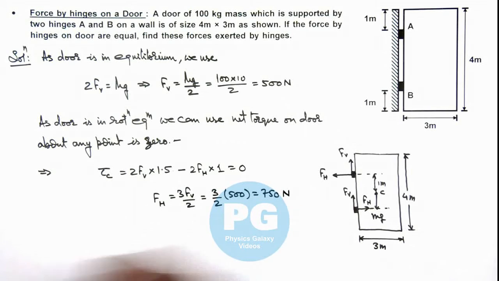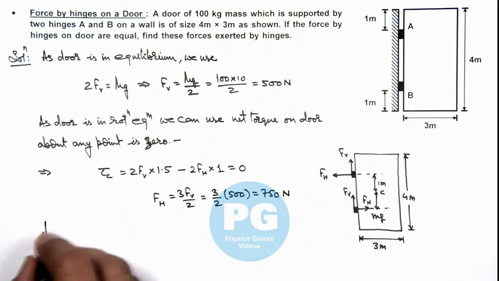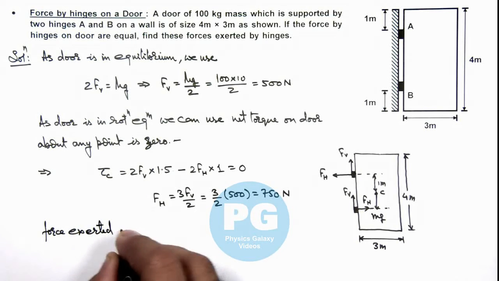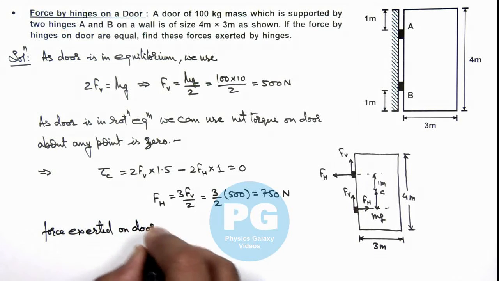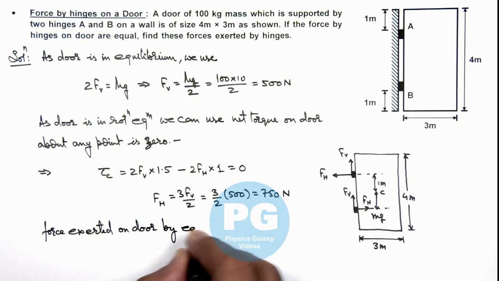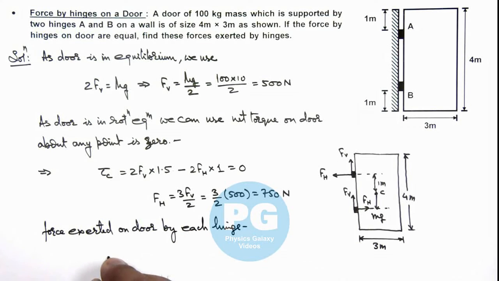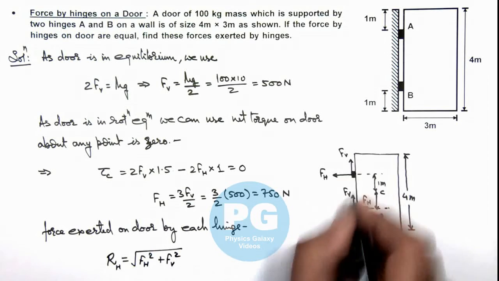So we can now calculate the force exerted on door by each hinge. It can be given as net normal reaction, or the net reaction applied by the hinge on the door will be root of FH square plus FV square, as these are acting normal to each other.